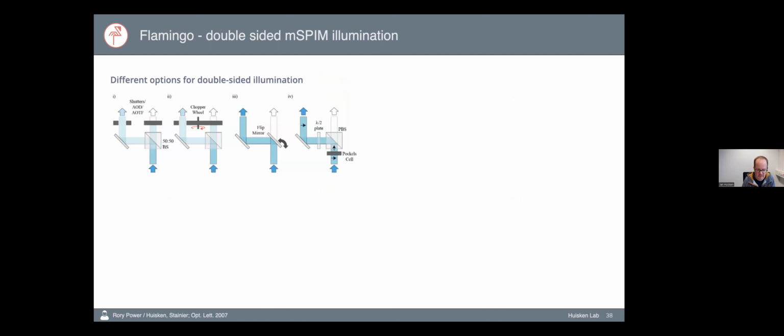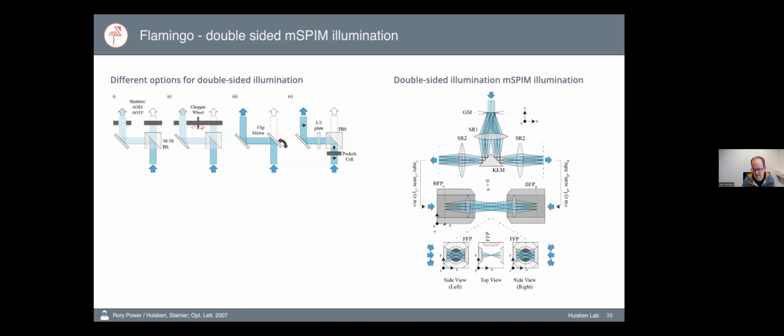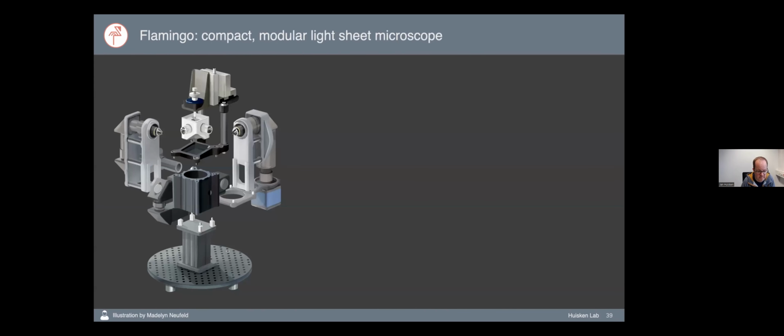And very briefly, we figured out ways to do the multi-sided illumination in a very compact form, which can also be used to do the pivoting of the light sheet, the multi-directional light sheet to eliminate striping. And so there's some really neat optics inside the instrument, but I think the key feature still is mostly the modularity of the system, as is shown here.